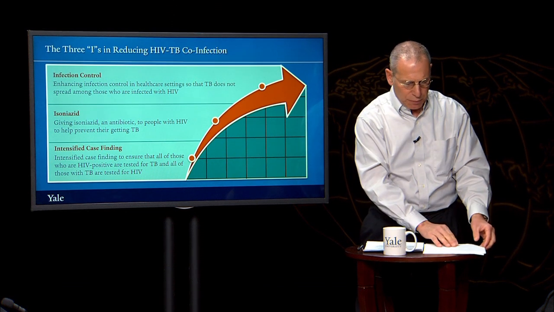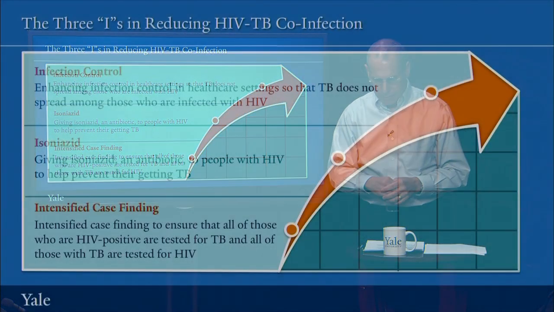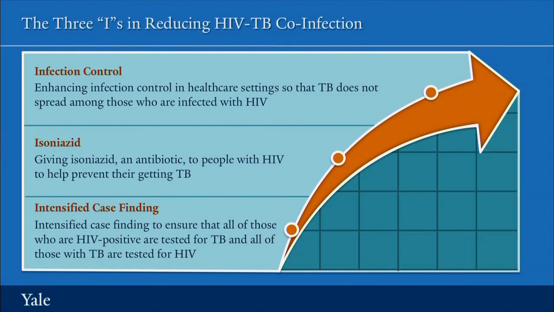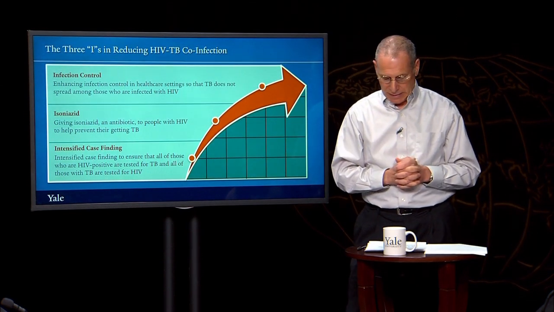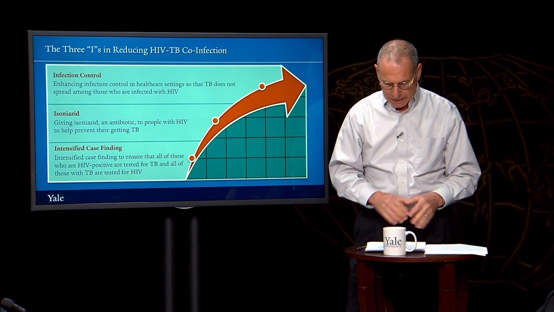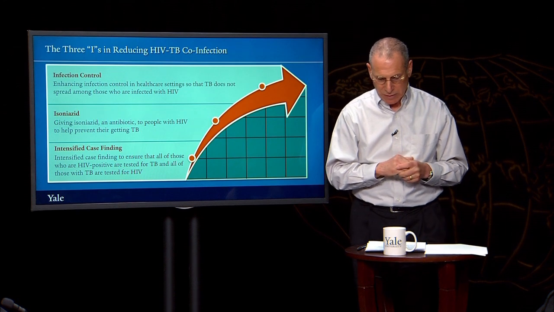Now, there's been important progress, as I mentioned, in reducing the burden of tuberculosis. On the other hand, there remain some really important gaps in addressing tuberculosis. And let me talk about some of those challenges, especially as they relate to what we call the End TB strategy.